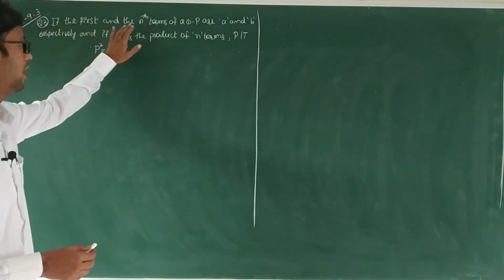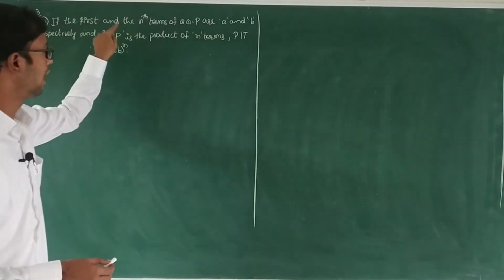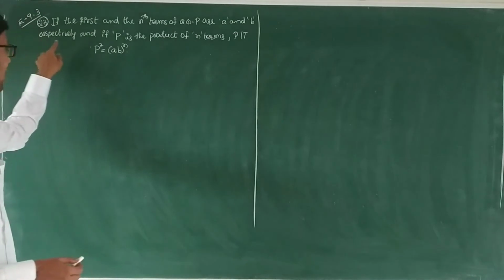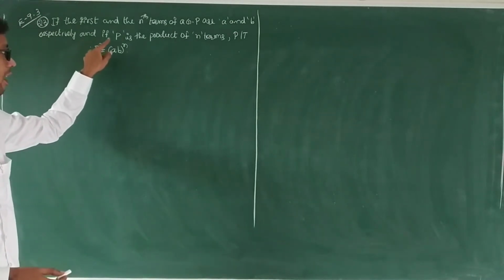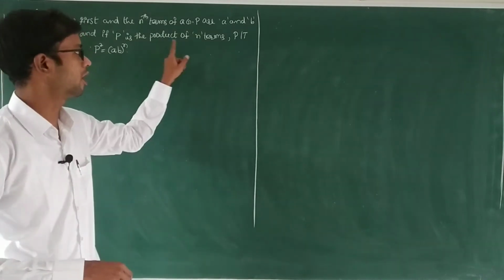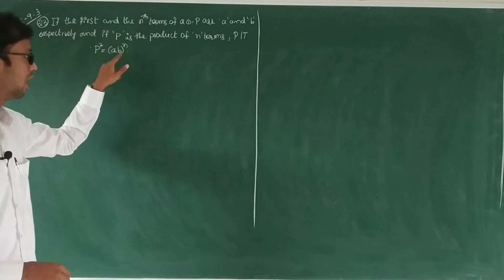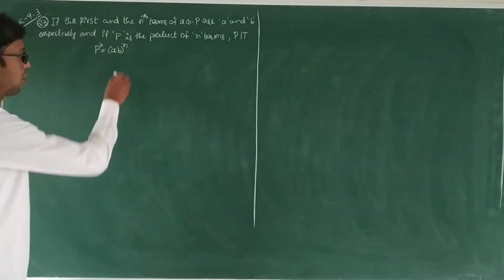Next step. Problem number 23. If the first and nth terms of a GP are A and B respectively, and if capital P is the product of n terms, prove that P square is equal to (AB) power n. We have to prove this one.